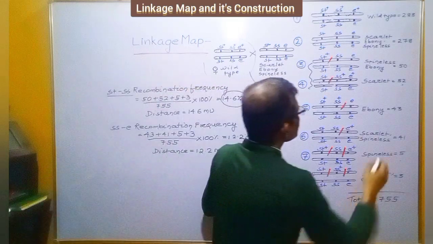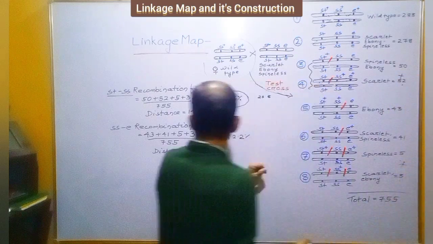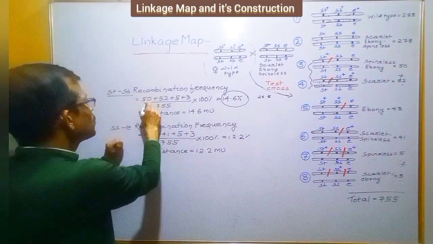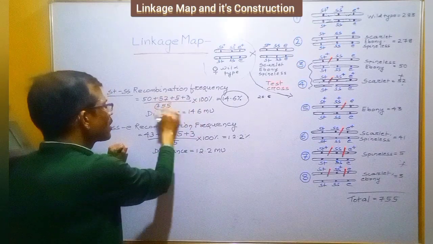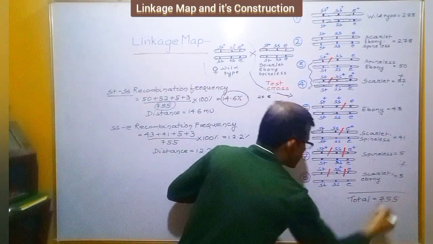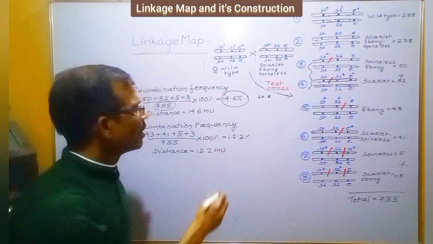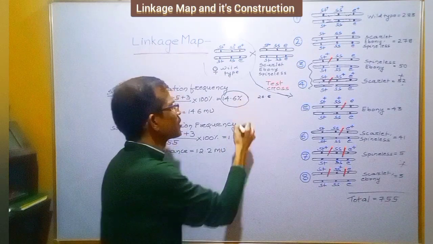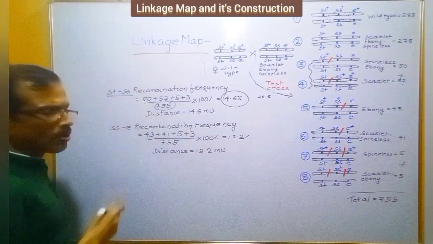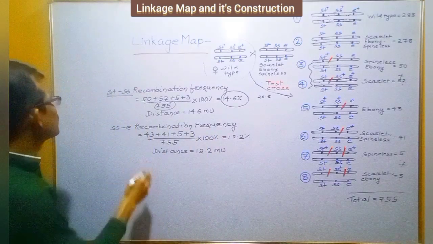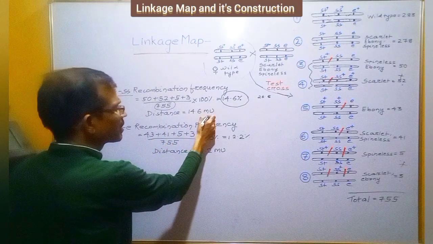So for that we have to add 50 plus 52 plus 5 plus 3, then divide by the total number of progenies, which is 755, then multiply by 100%, and the result is 14.6%. This is the recombination frequency between these two loci. So now the distance between ST and SS locus is equal to 14.6 map units.